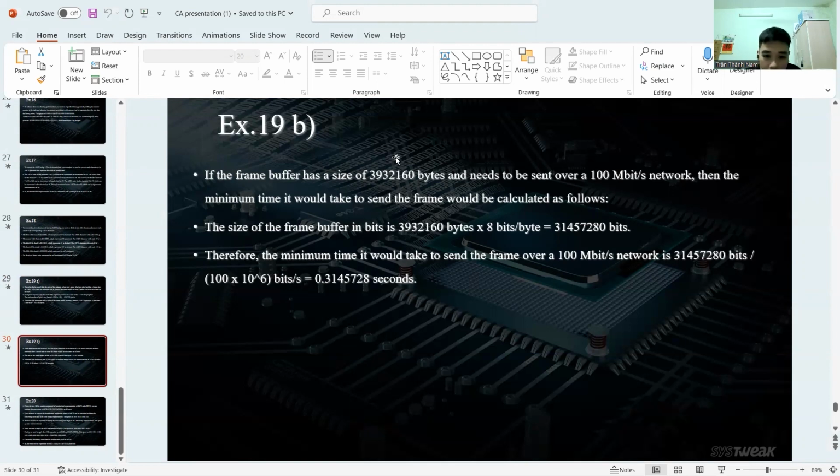The size of the frame buffer in bits is 3932160 bytes multiplied by 8 bits per byte, which equals 31457280 bits. Therefore, the minimum time it would take to send the frame over a 100 megabit per second network is 0.314572 seconds.